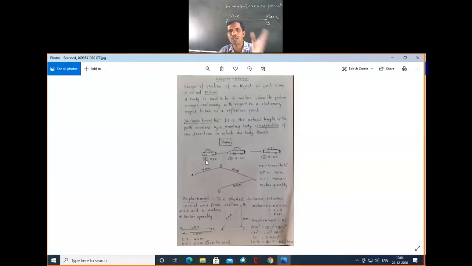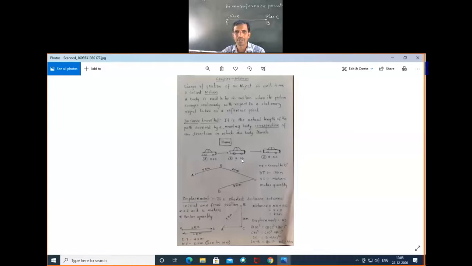With a reference point, always say this home is a reference point. This car is at place A at 8 p.m. From A to B it is moving, and to move from A to B it is taking half an hour.